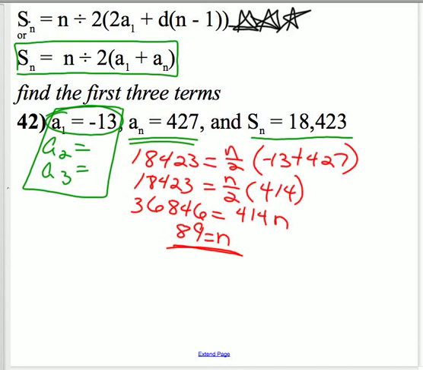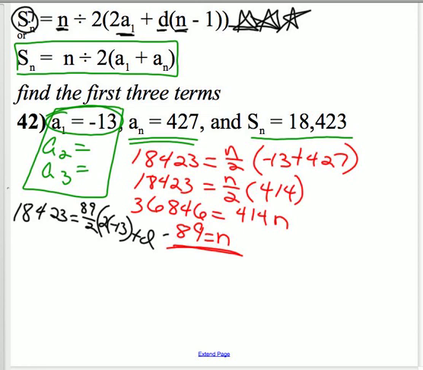Because I have S sub n, I know n, I got a sub 1, I need D. So I have 18,423 is going to be equal to 89 divided by 2 times 2 times negative 13 plus D times 89 minus 1. And now I have an equation that I have to be able to solve for D.